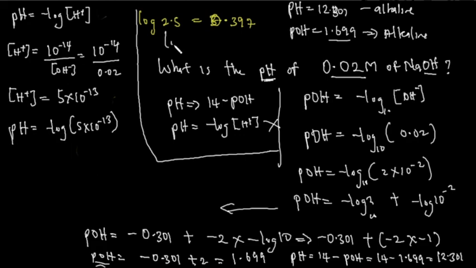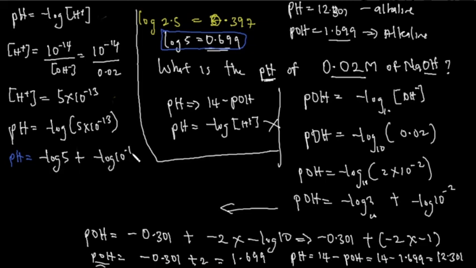Remember, log 5 is equals 0.699. pH is equals negative log 5 times, sorry, it's not times, it's opening the bracket, so this times will turn to plus negative log 10 raised to the power minus 13.